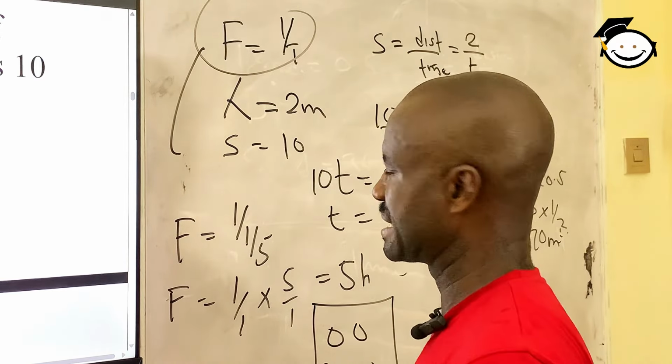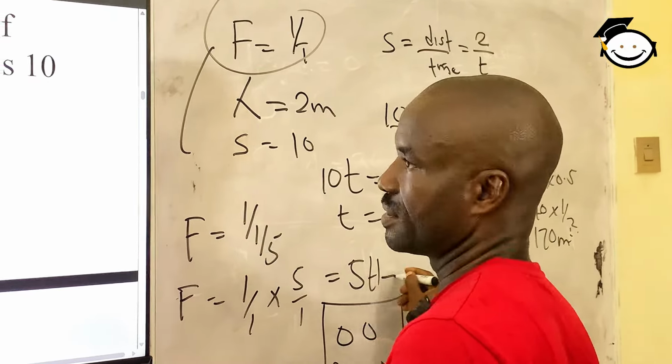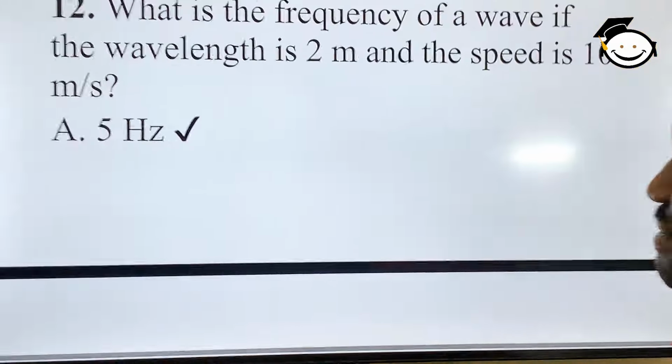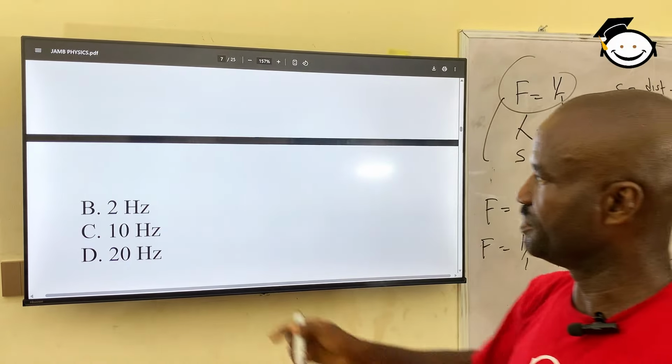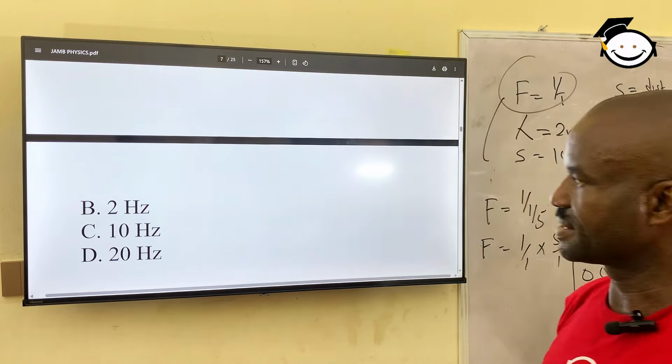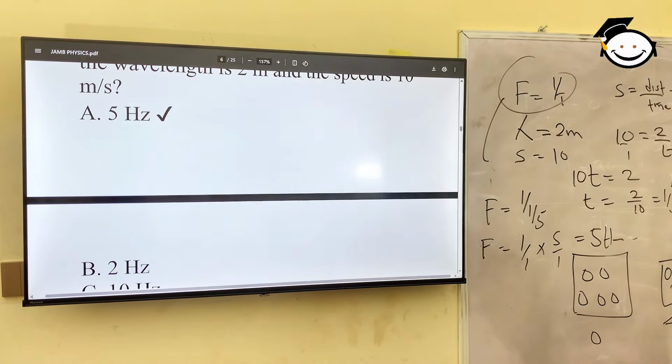The unit of frequency is hertz. So the correct answer, let's see the options: A, 5 hertz, B, 2 hertz, C, 10, then D, 20. The correct answer is A, 5 hertz.